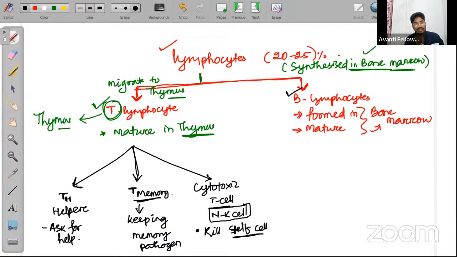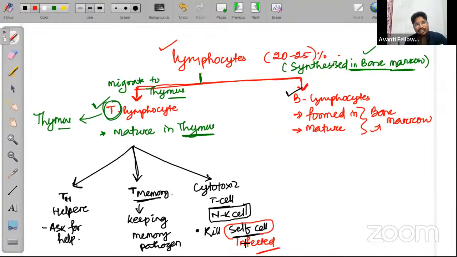But remember this one. This is not going to kill all the self cell. Instead of that, it is going to kill only and only the infected self cell. ये इन्फेक्टेड सेल को ही मारेगा. Is that clear to everybody?